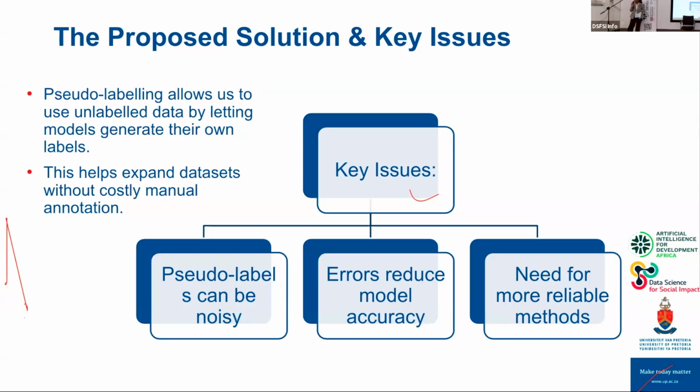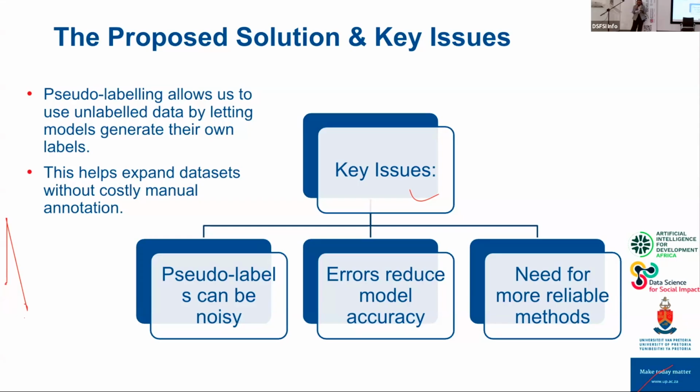Pseudo-labeling allows us to use unlabeled data by letting models generate their own labels. This helps us to expand data without mostly manual annotation. We are going to use large language models that are already there, and we just have to improve them with the data that we have.